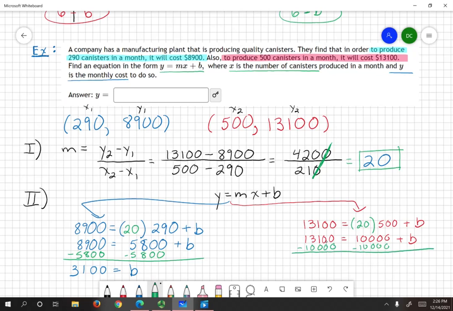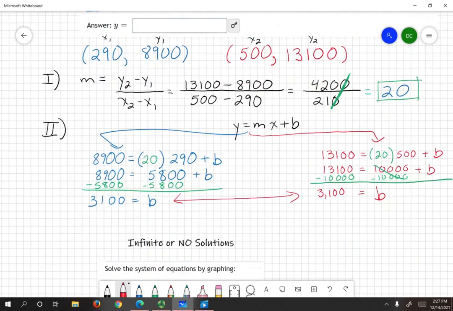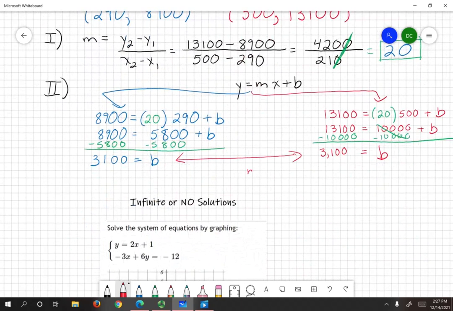You did already, didn't you? I got b is equal to 3,100. I feel good because these two match. I have an m of 20 and a b of 3,100. So my final answer is y equals mx plus b.